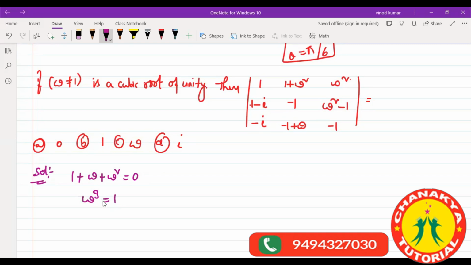In place of 1 plus omega square we can write minus omega, and 1 plus omega is minus omega square. Here the diagonal values are 1, minus 1, minus 1.